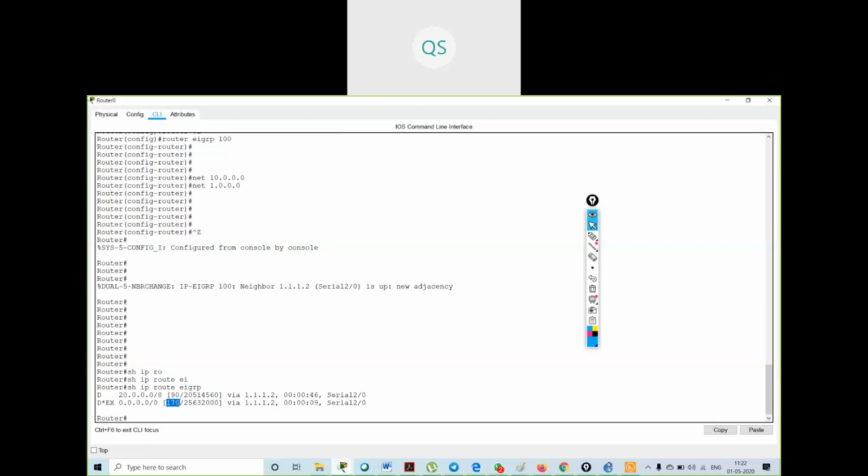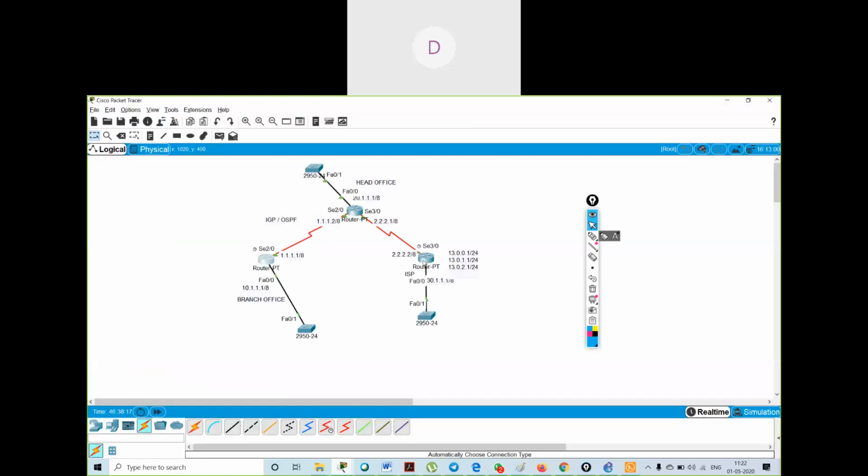Yes. Whatever static routes we have configured on this router, the static default route configured between these two routers, we are advertising to my branch office.